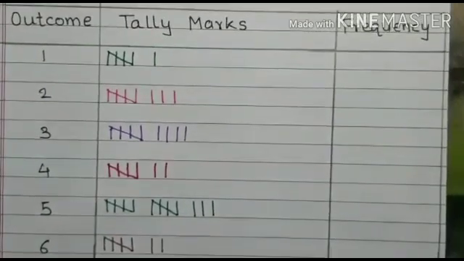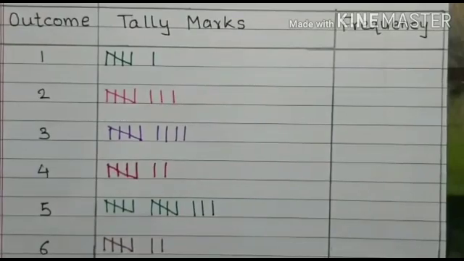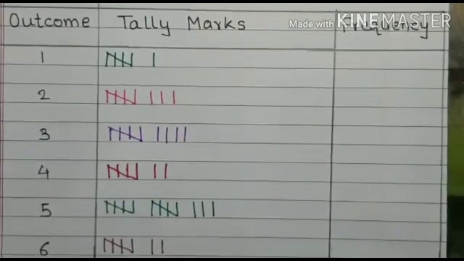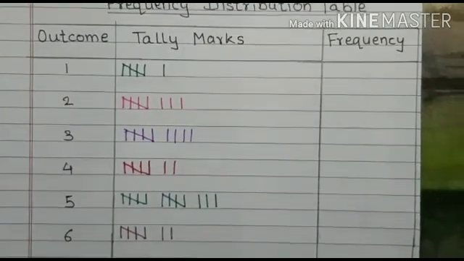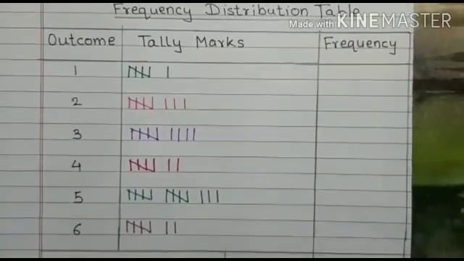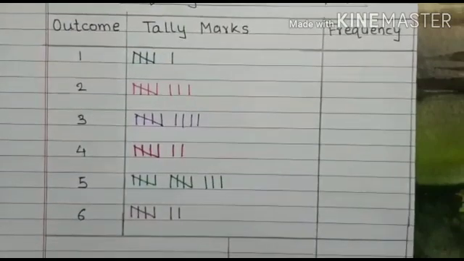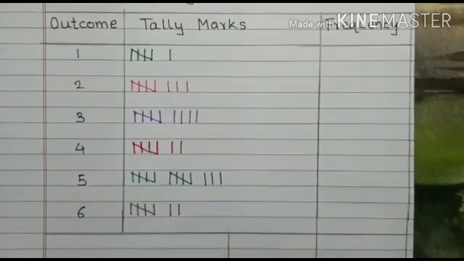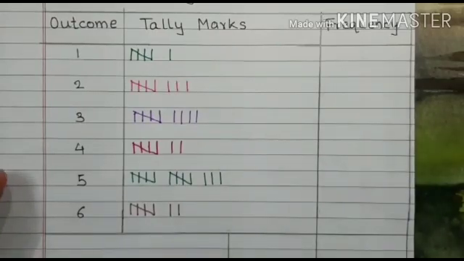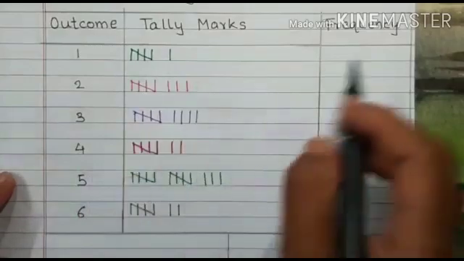Now we have to calculate frequency of the given data with the help of the tally marks. So let us one by one calculate the frequency. So here for number 1 it is 5 and 1.